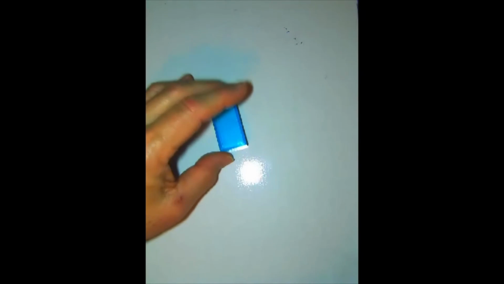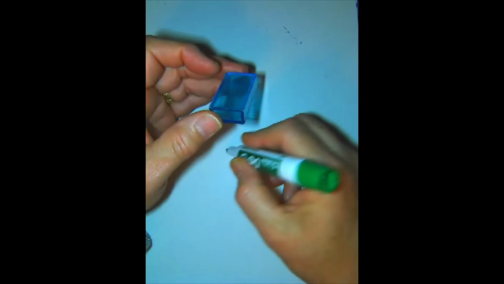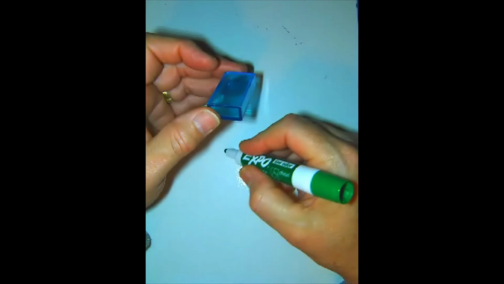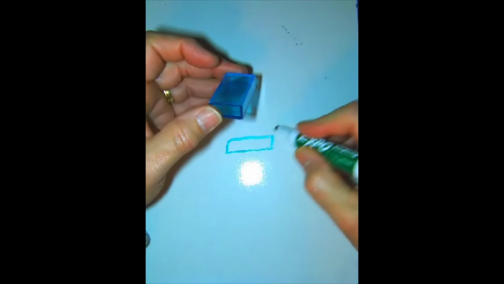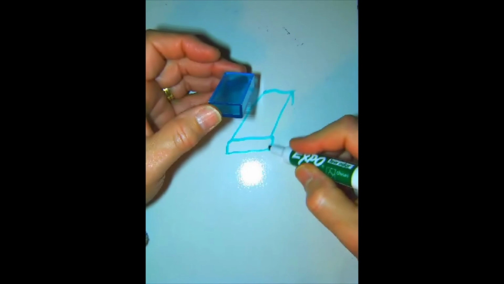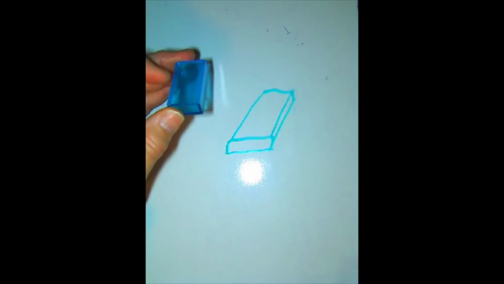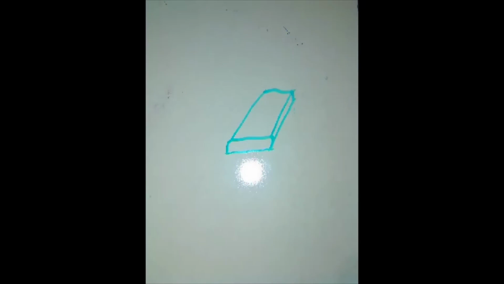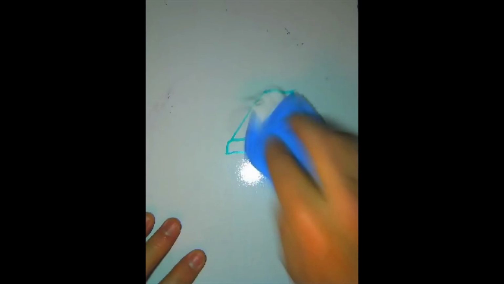So here again we have a rectangular prism. We want to preserve all 3 of the dimensions, and so it looks like we have something like this. What you will find is that it's not immediately obvious sometimes how to draw these sketches, but with practice you can get better and better at it.